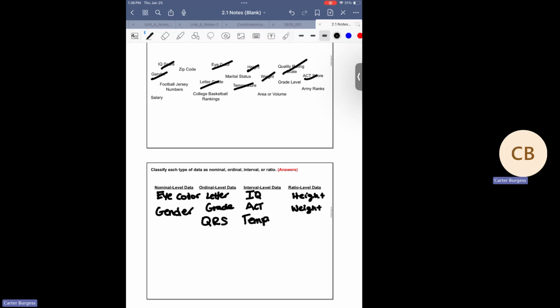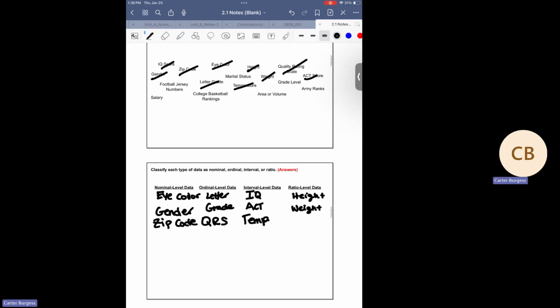I could give you a zip code of 38017, and I could give you the city of Collierville, and those would be the same thing, right? That's the same measure, that's the same variable. So this is a number that is being used in place of a name. So what kind of data do we have for zip codes? That is nominal data.